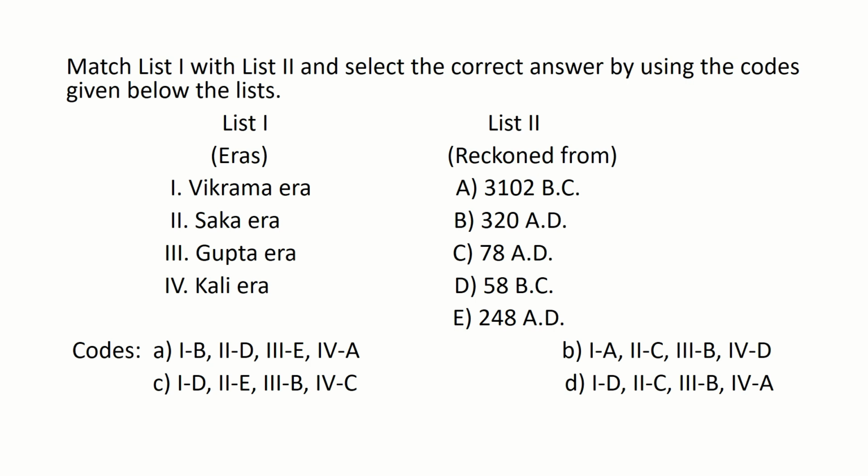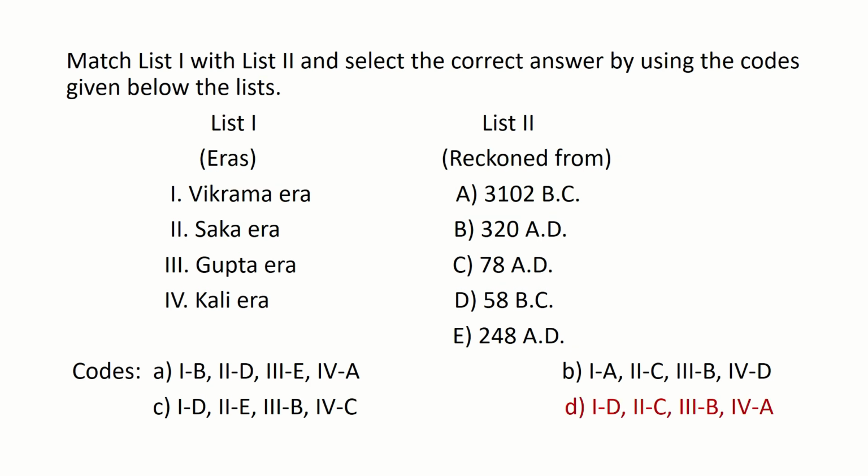I think most of you will be able to answer this question if you study history, because the Gupta period was around 300 AD, right? And Kali era began before any of these eras. And option 4 can be matched with option A, 3102 BC. The answer is option D.